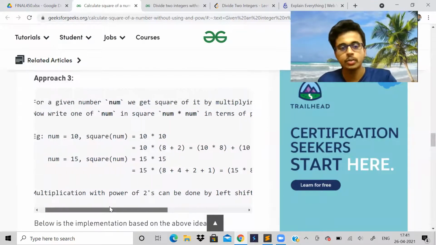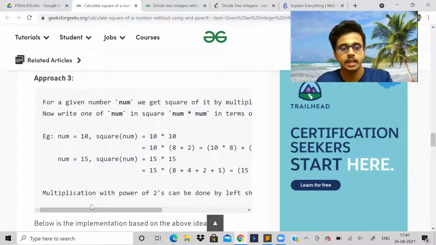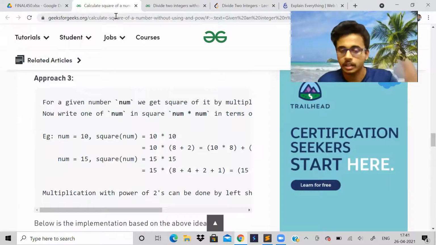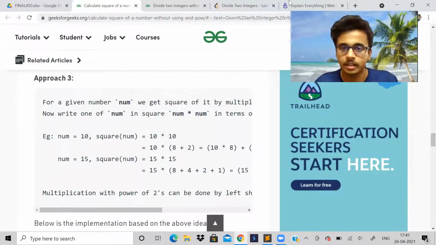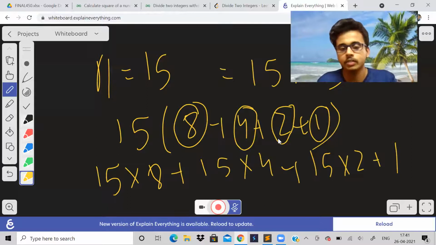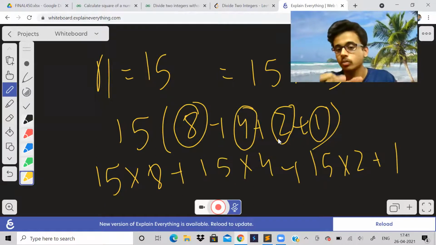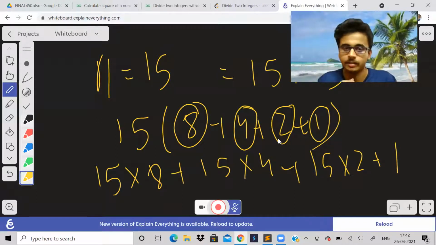If you don't understand, I will write the code, and in the next video, as we have 2 more problems left, I will give the code analysis. One of the hints that I've given you in this problem is that each and every number can be expressed as sums of powers of 2. The only problem is how to find out which numbers they are. So take it as an assignment and try to do it.